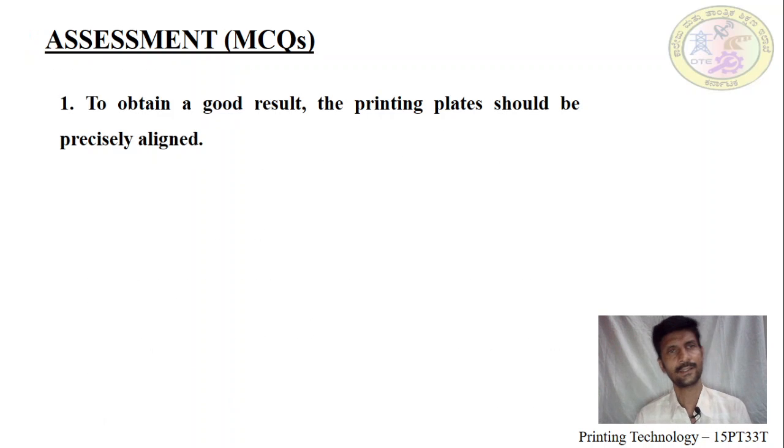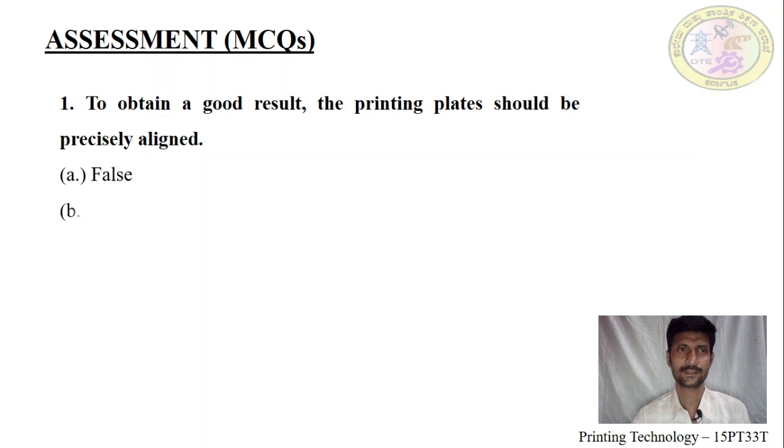Let us discuss the multiple choice questions one by one so that you will understand a little bit more. To obtain good results in the printing process, the printing plates should be precisely aligned or not. Now let us see one by one.